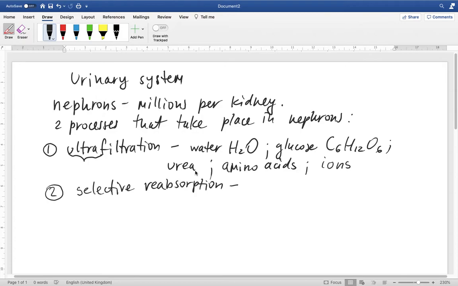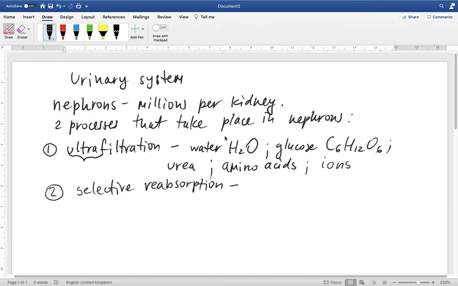So this is something I do want to keep inside the nephron and therefore not reabsorb, and that urea is going to become part of my urine, right? And so this is, you see, where the selective bit comes in, right? So I'm selecting which bits to reabsorb back into the bloodstream and which bits to wee out.